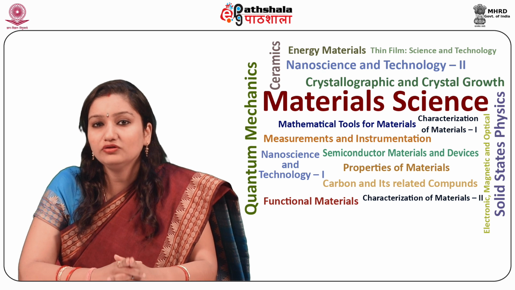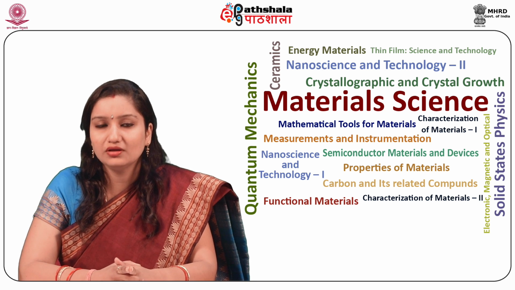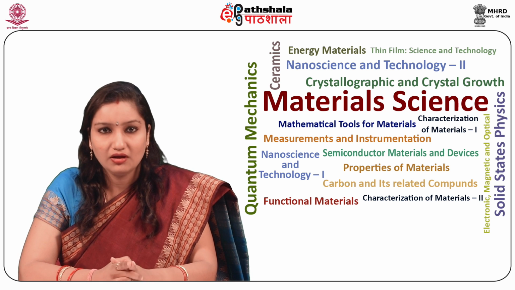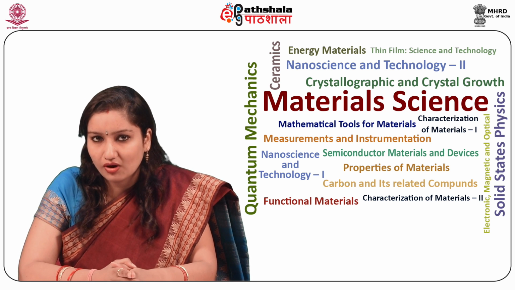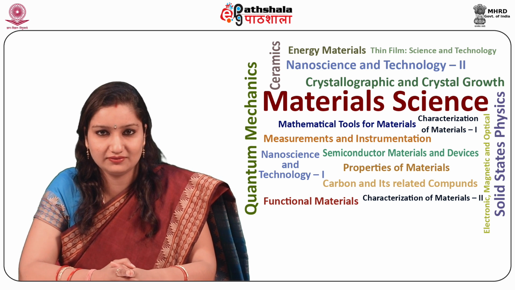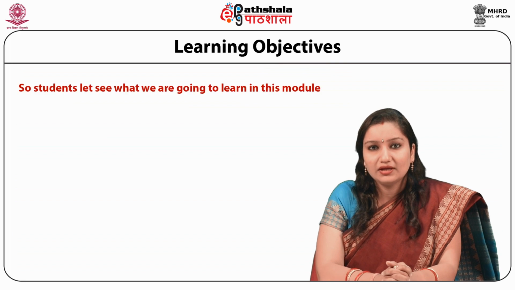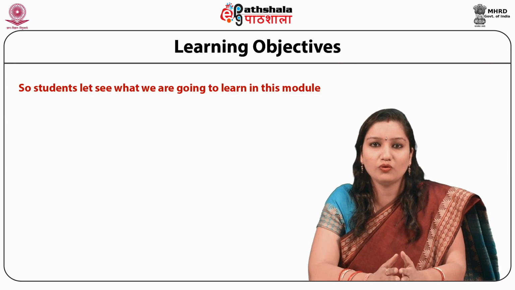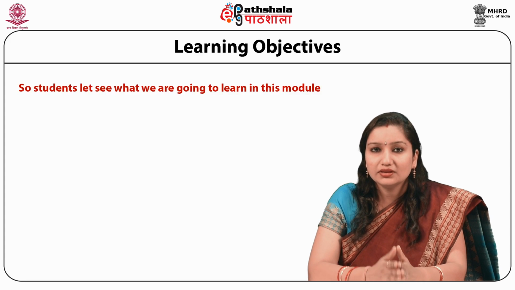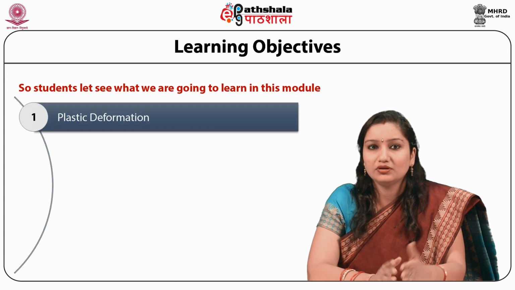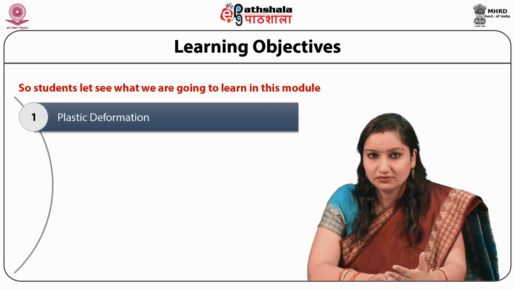Today we are going to discuss the module Mechanical Properties Part 6 from the paper Electronic, Magnetic and Optical Properties of Materials. So students, let us see what we are going to learn in this module. In this module, we are going to learn about plastic deformation.